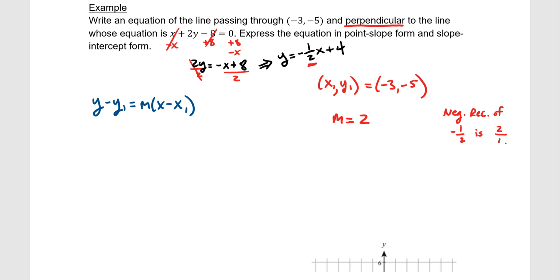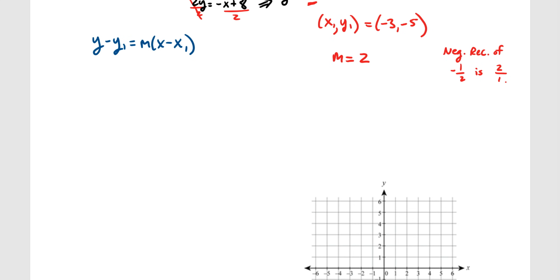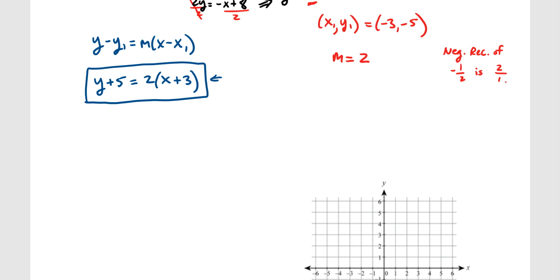Once we have that, now it's going to be the same as all the other ones. Once again, we go ahead and plug it in. It's going to be y minus -5, y plus 5, equals 2 times x minus -3, which is x plus 3. And this is point-slope form. So there's point-slope form for the equation of the line.